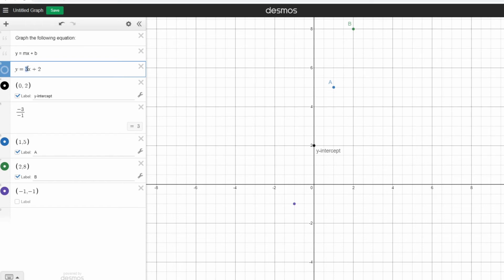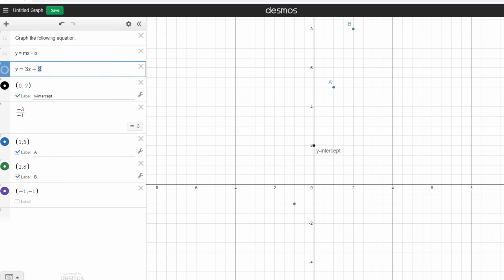Now, the coefficient of x is going to be the slope. As we saw when we were graphing it in the previous example, the slope was 3. So the coefficient in slope-intercept form is basically the slope.